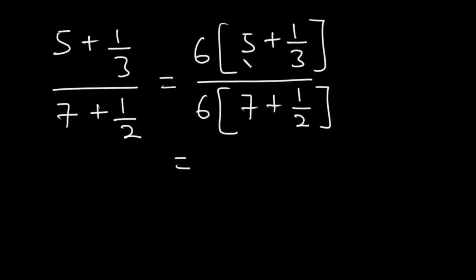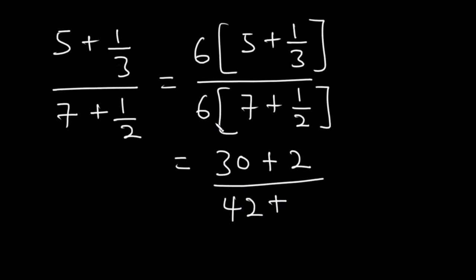Now 6 times 5 is 30, and then 6 times 1 over 3 is 2, divided by 6 times 7 is 42, and 6 times a half is 3, because it's the same as 6 divided by 2.